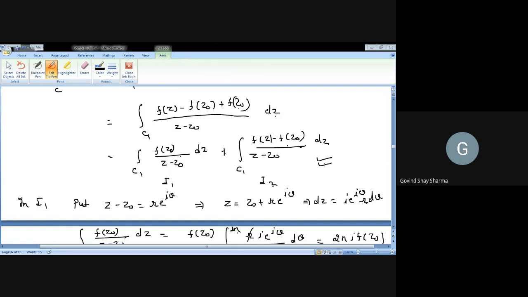Now for I1 we take z minus z0 equal to r e to the power i theta, because this is a circle. So z is equal to z0 plus r e to the power i theta, and dz becomes i e to the power i theta r d theta.